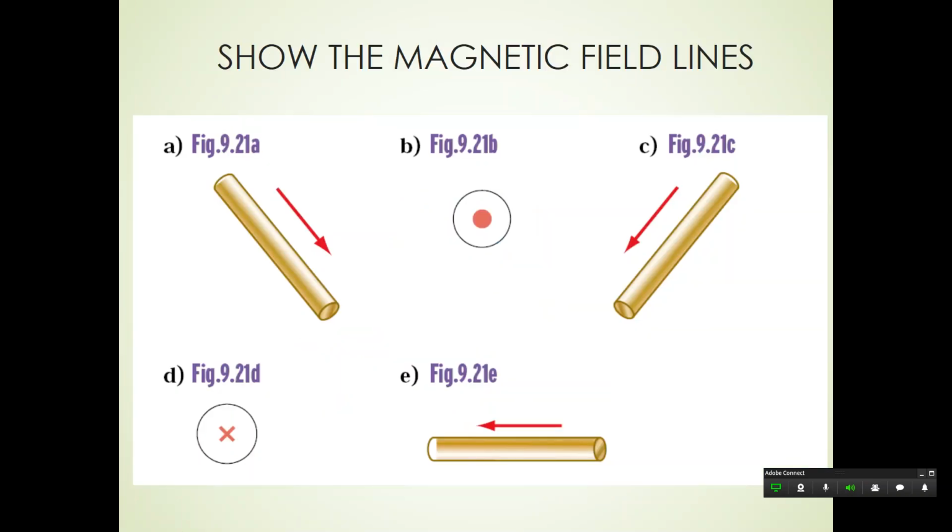Okay, so what I want you guys to do real quick is to draw for me the magnetic field lines on these diagrams, the direction of them. So the right-handed rule thing applies here.